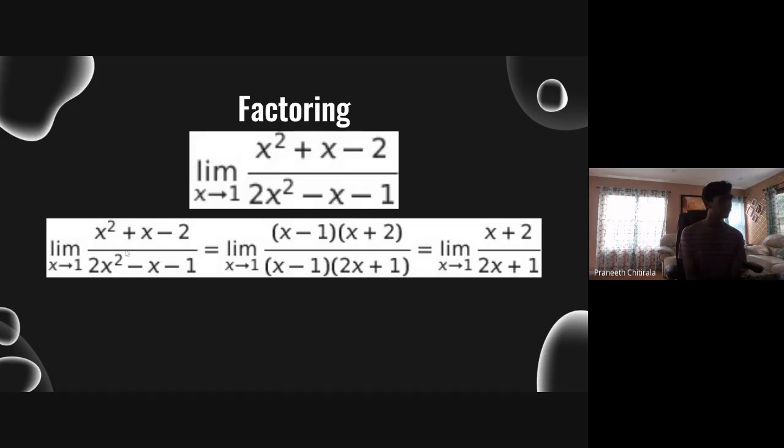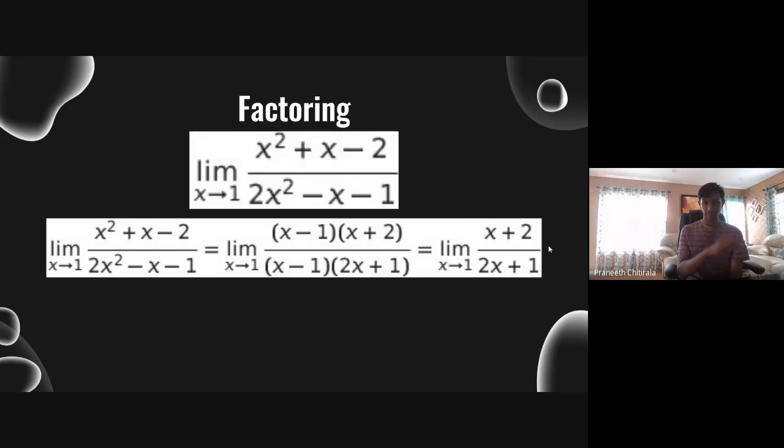The numerator gets factored into x minus 1 times x plus 2, and the denominator gets factored into x minus 1 times 2x plus 1. This term can get canceled from both the numerator and the denominator, and you're left with this limit right here.